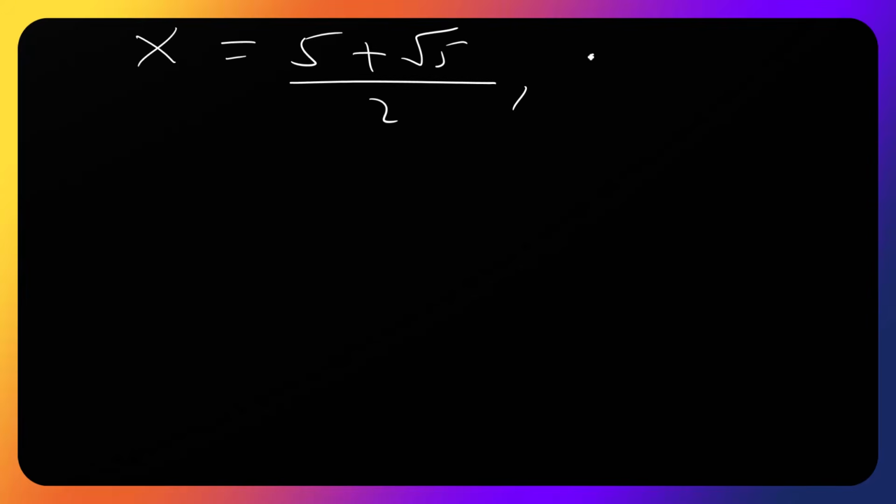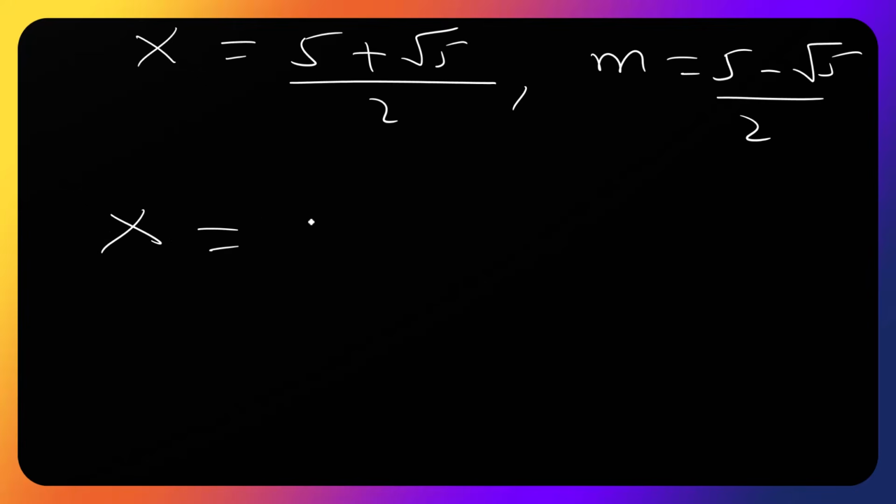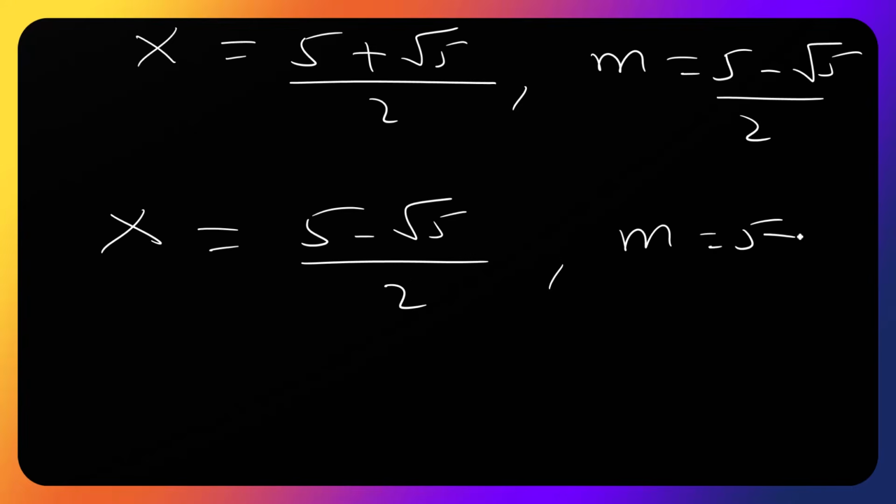When x is 5 plus square root of 5 on 2, m will be 5 minus square root of 5 on 2. And when x is 5 minus square root of 5 on 2, m will be 5 plus square root of 5 on 2. So these are the possible answers.